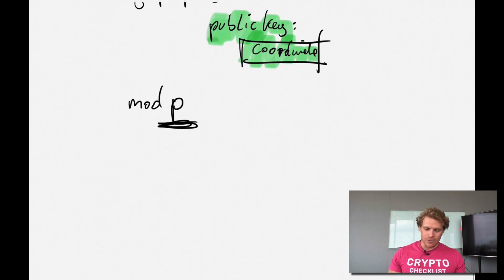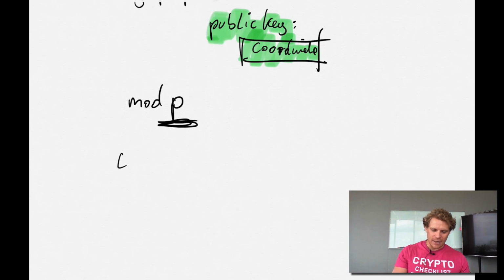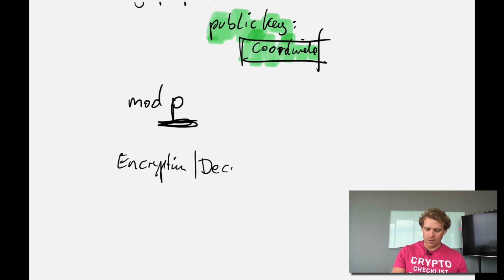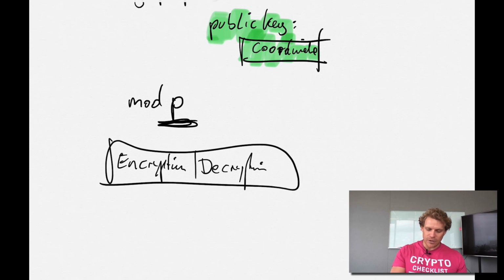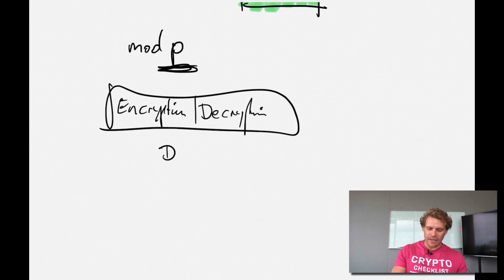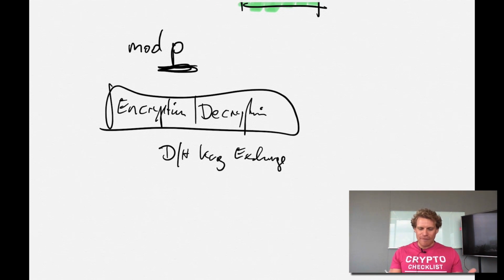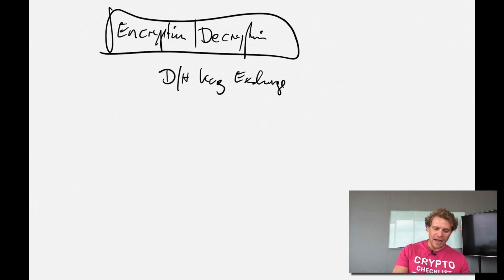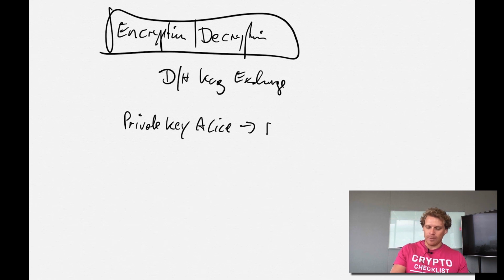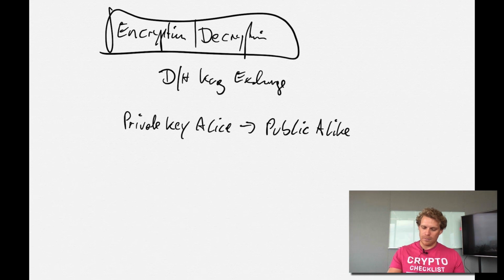So now we get to a very easy part, and that's encryption and decryption. And you should understand this already. Encryption and decryption simply works like the Diffie-Hellman key exchange. The same thing. Let's have Alice with her private key, which generates the public key Alice.